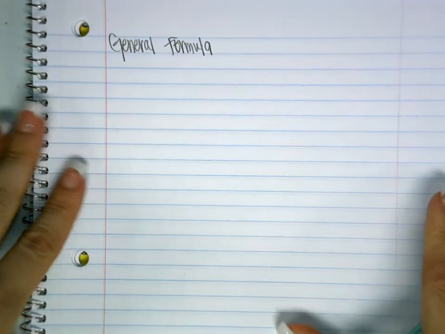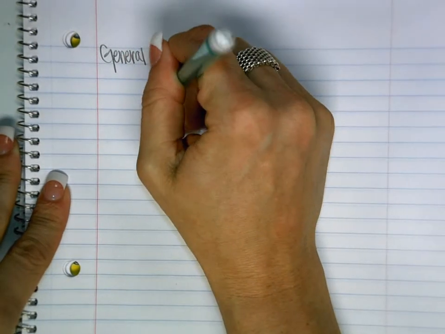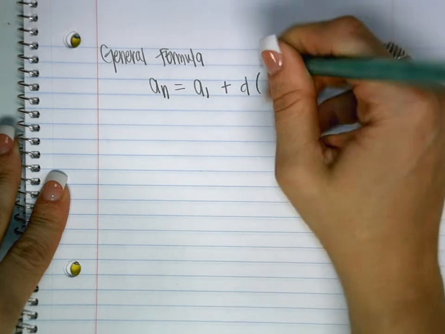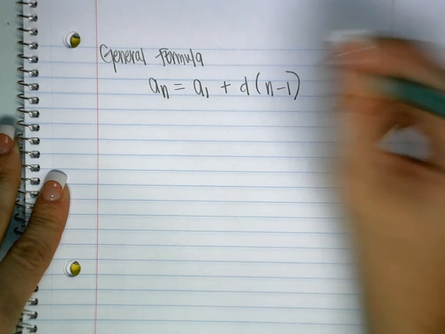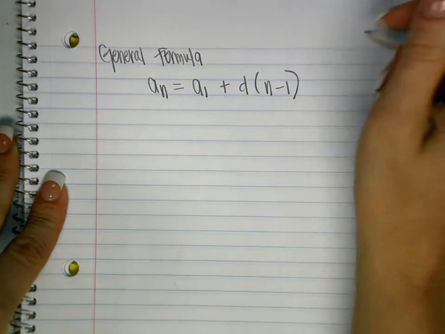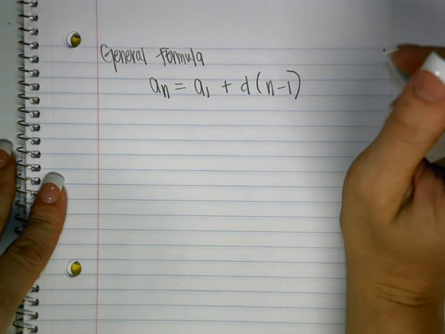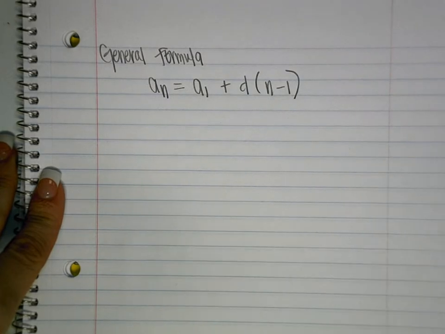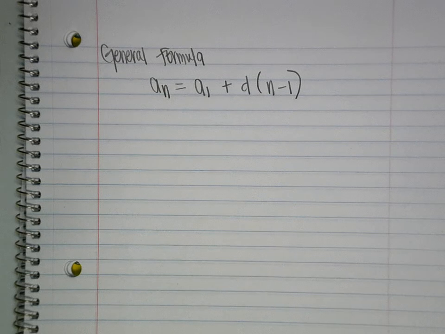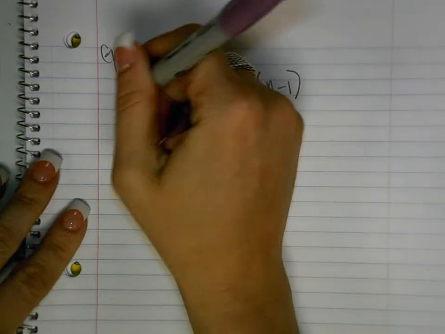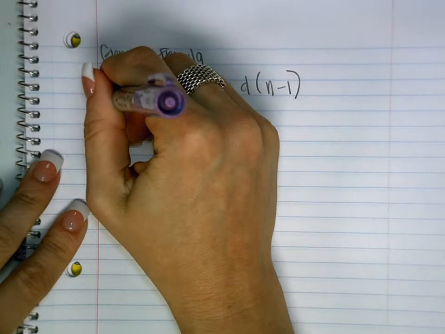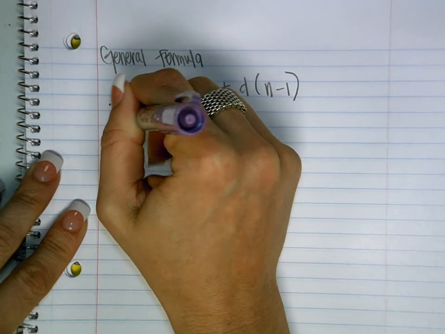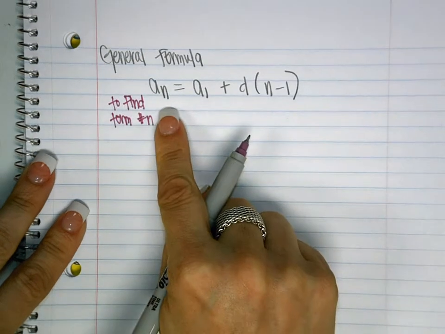The general formula for an arithmetic sequence is a sub n equals a1 plus d times n minus 1. To figure out what this all means, a sub n means to find term number n.